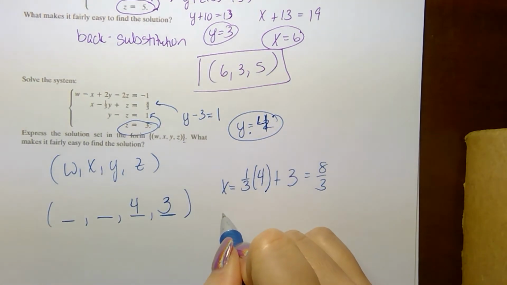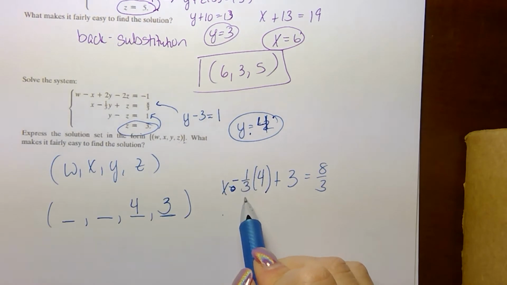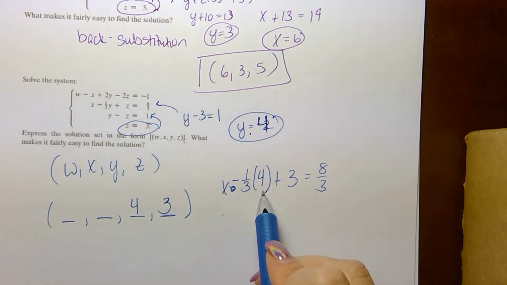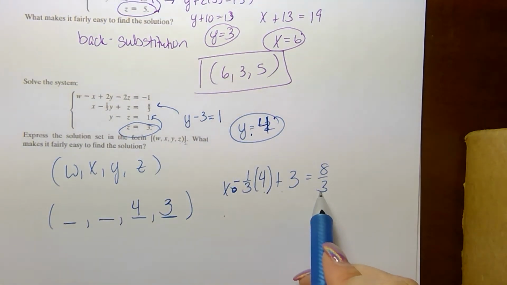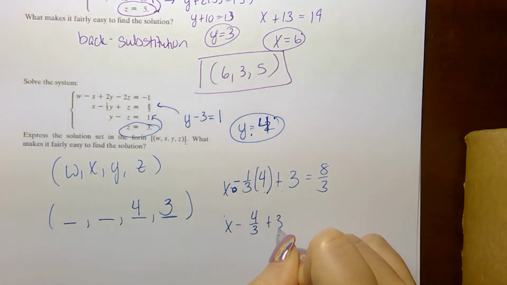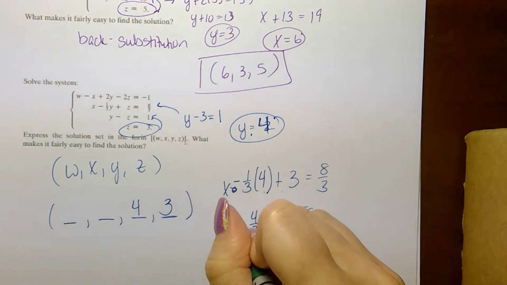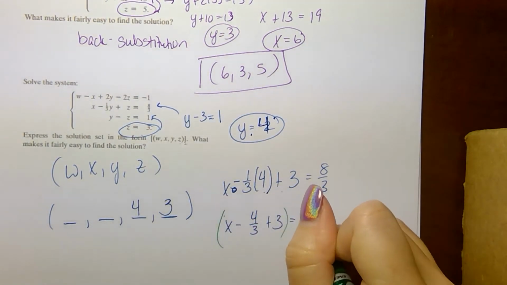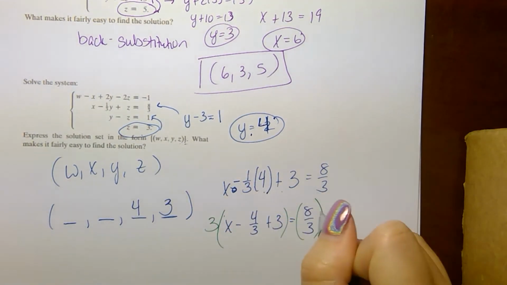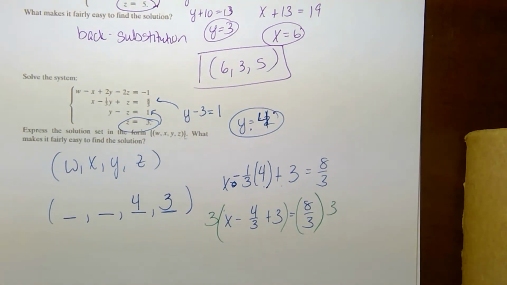So I've got x minus 1/3 times 4, because 1/3 times y, plus z, which is 3, equals 8/3. So I've got x minus 4/3 plus 3 equals 8/3. You want to know an easy way to deal with those fractions? Eliminate the fractions. I'm going to multiply everything by the denominator. Remember, if I multiply both sides of my equation by the same thing, that's a legal move, arithmetically speaking.